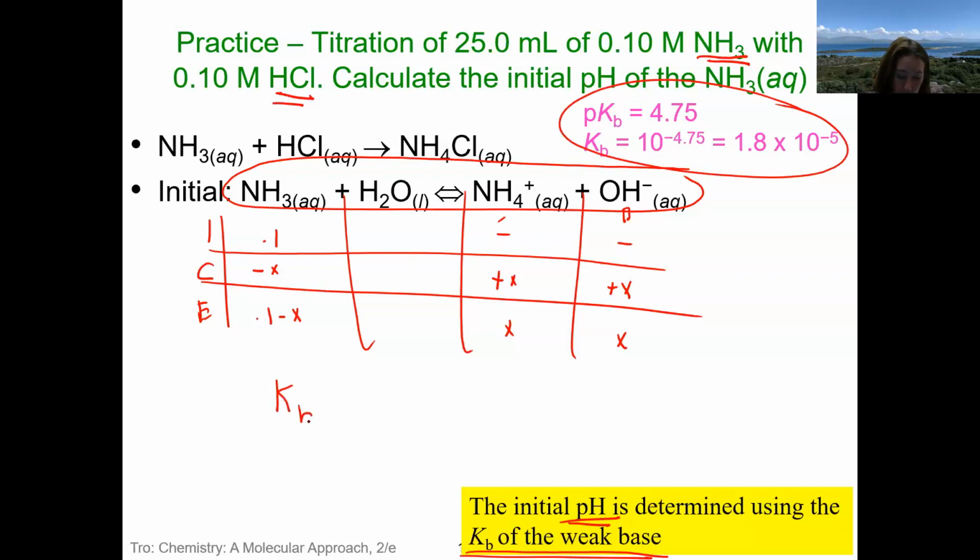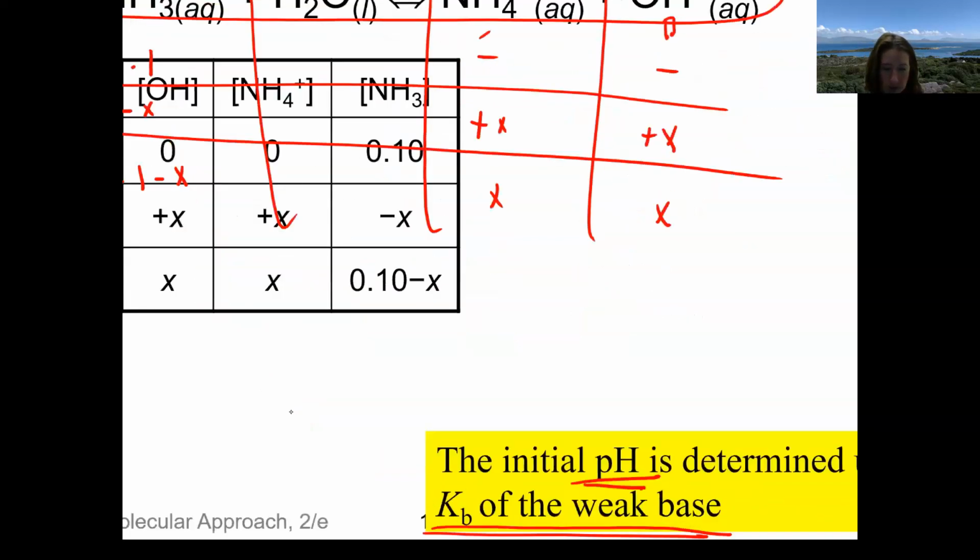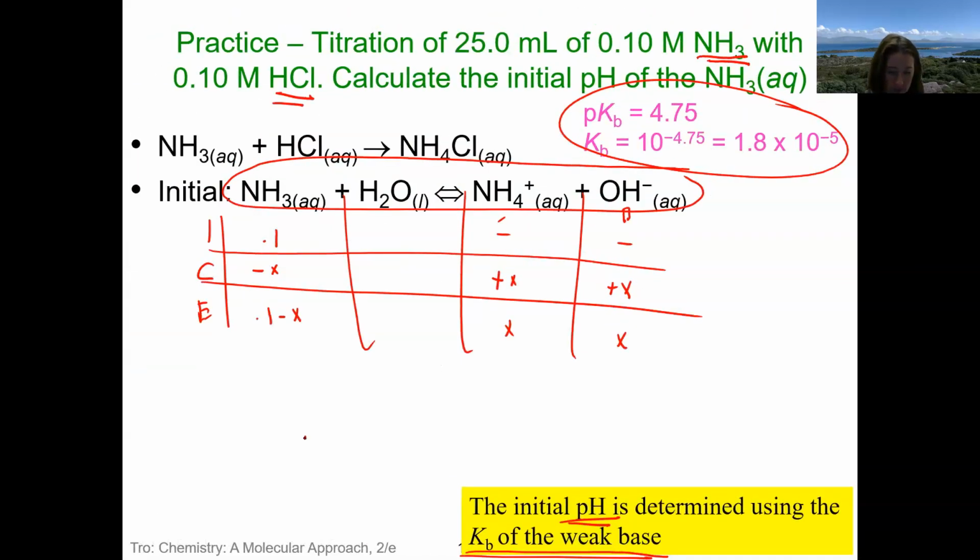My Kb has to be Kb because this is a base, which is 1.8 times 10 to the negative 5 equals X squared over 0.1. Assume X is small. It should work. This is 0.1, this is negative 5, difference is negative 4. We could check it, but it should work.